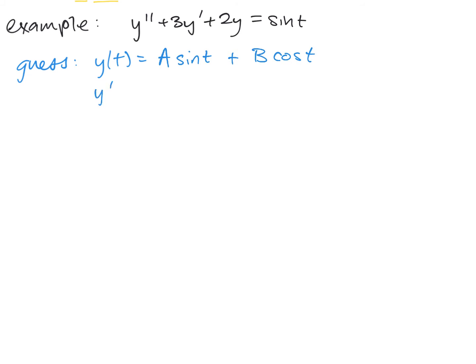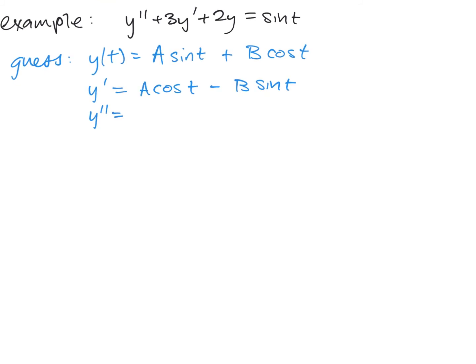And we can take our derivatives. So we get y prime equals a cosine t minus b sine t, and y double prime is negative a sine t minus b cosine t. Plug in, and we get this.